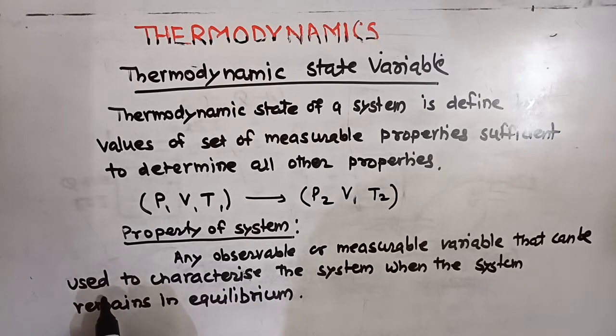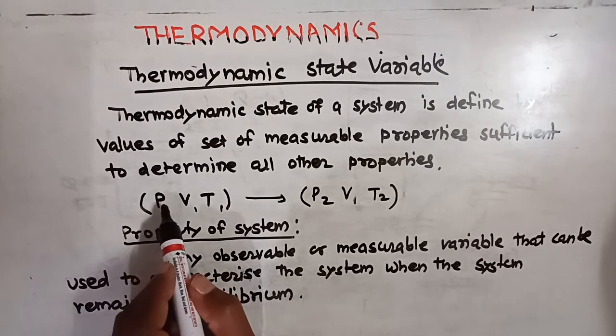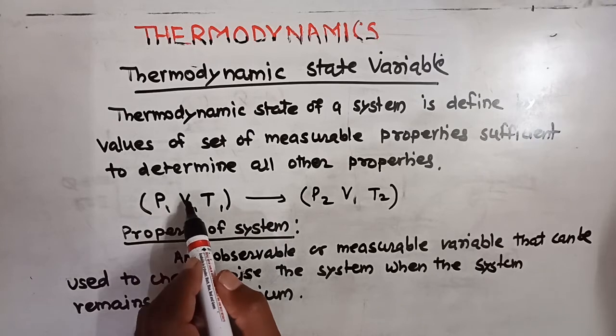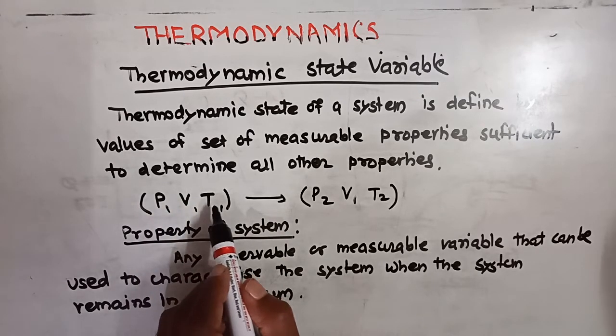Here we use the words 'to characterize the system'. When the system is characterized by specifying the variables, then the system can be exactly replicated. This system is characterized by this pressure, this volume, this temperature.